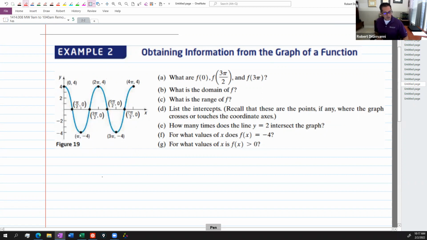When we're looking at a function, every single point on that graph has the x coordinate and the y coordinate. This is the input, this is the output, right? So it's like this is the x and this is the function's value at that x.